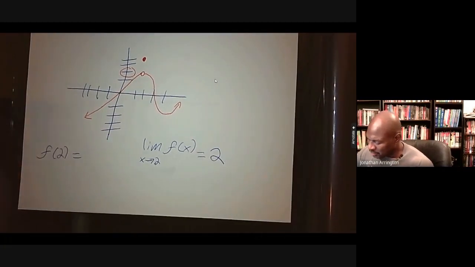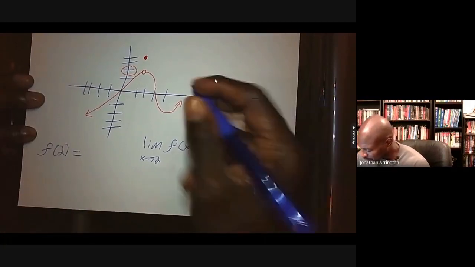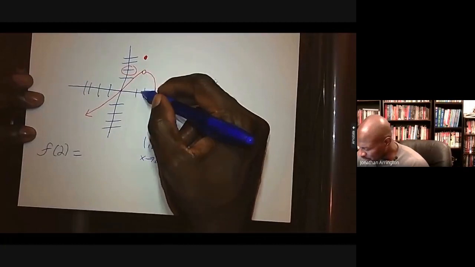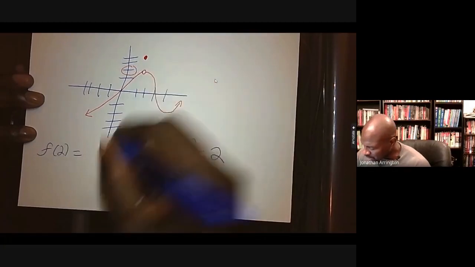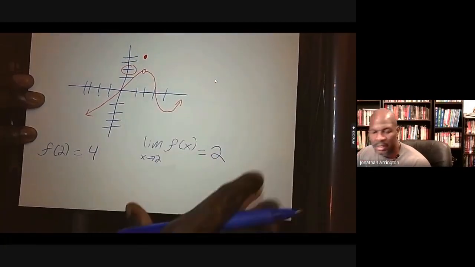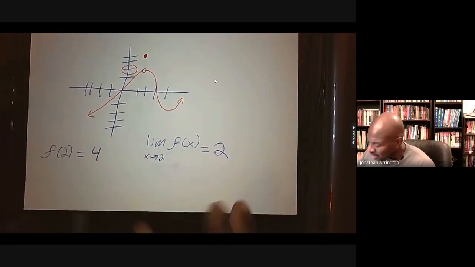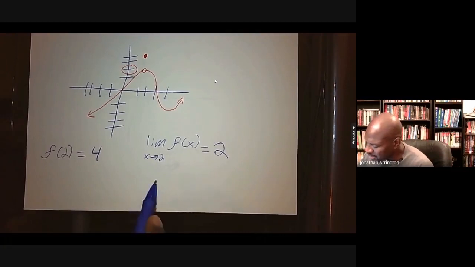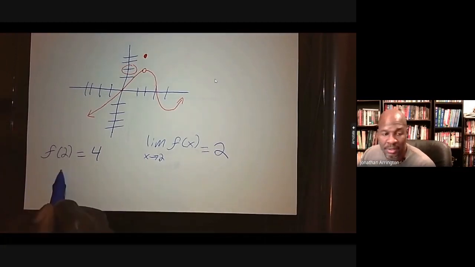Now, I want to point out the value of f of 2 and make a certain point. For f of 2, so here's 2 right here, I'm looking for the closed circle. So f of 2 is up here. This is 2, 3, 4. So f of 2 is actually 4. It's very important to understand that the limit as x approaches 2 does not have to be equal to the value at 2.